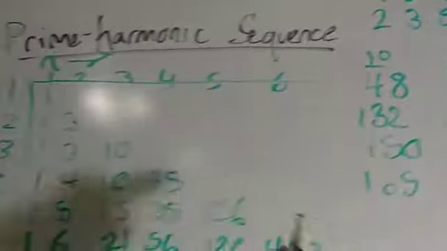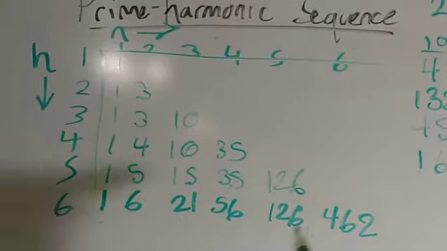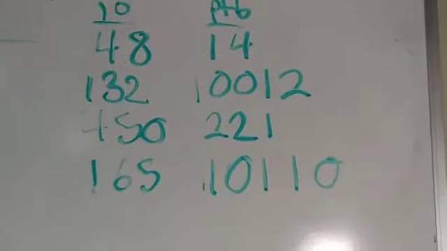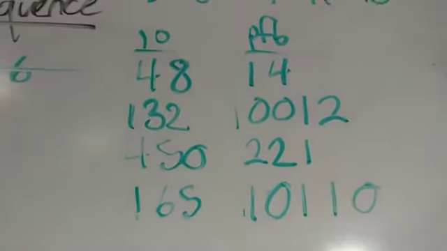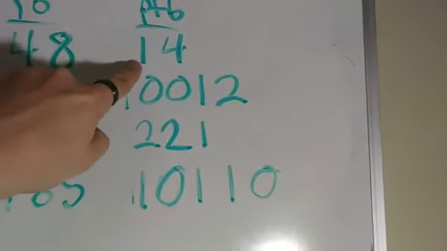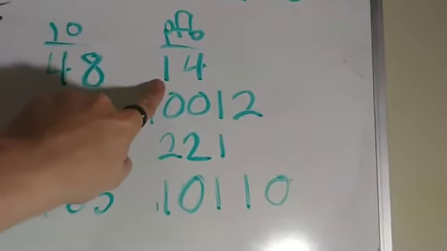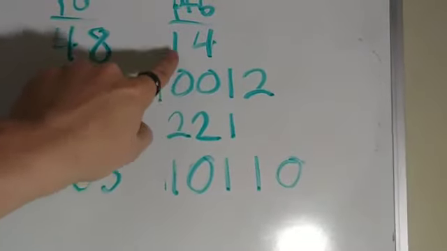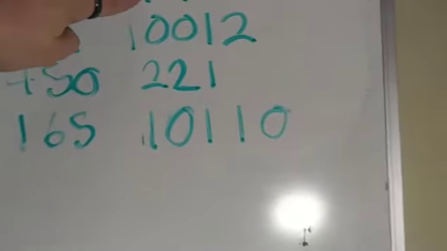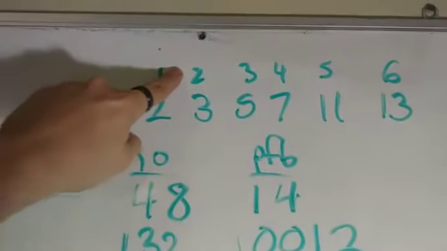All right. So what I had planned out doing was to take these numbers and find where they lie in this sequence. All right, so 48 is 14, which means that the highest prime is 3, which is the second prime.